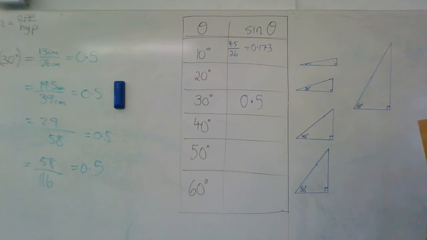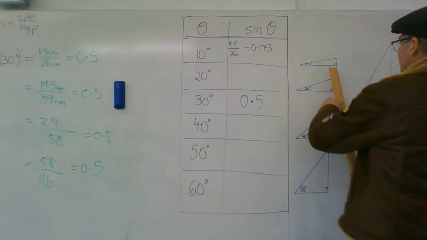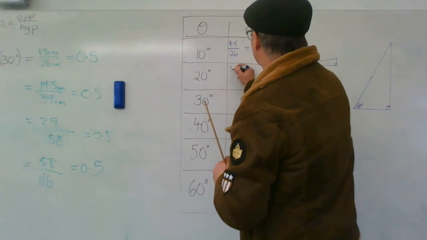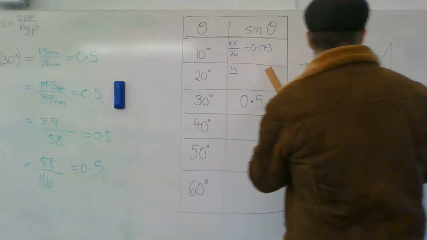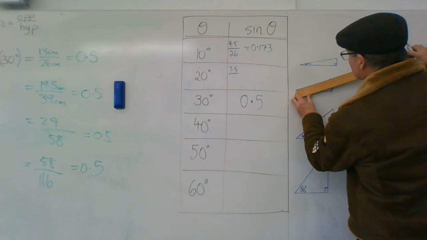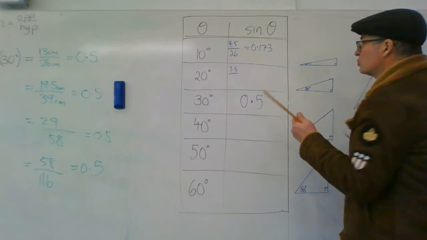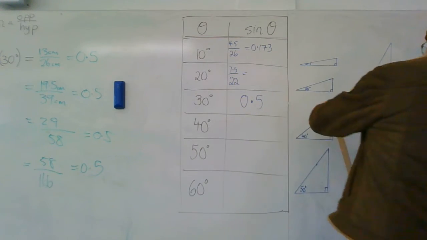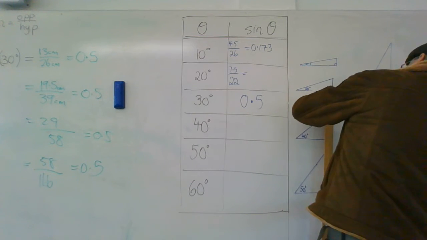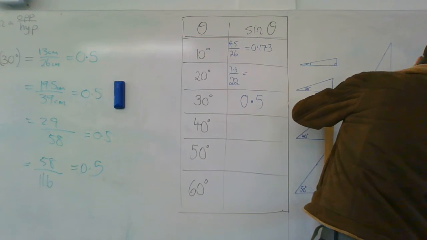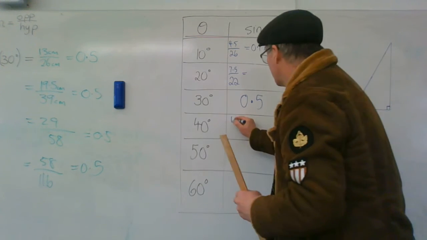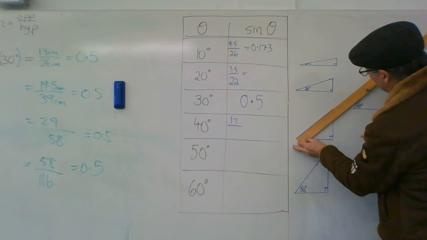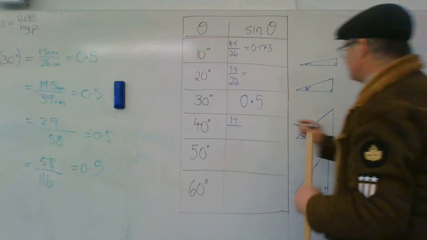All right, the next one is 7.5 and the hypotenuse is 22. I'll come back and I'll work that out in a minute. The next one is the opposite side for a 40-degree one. I've got 17 and the hypotenuse is 26.